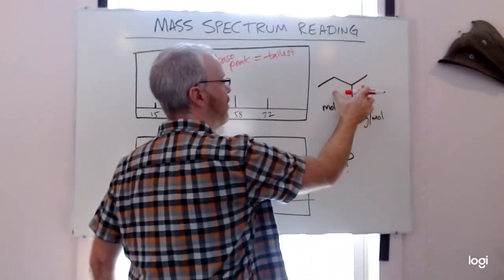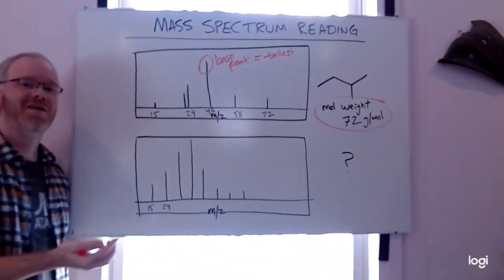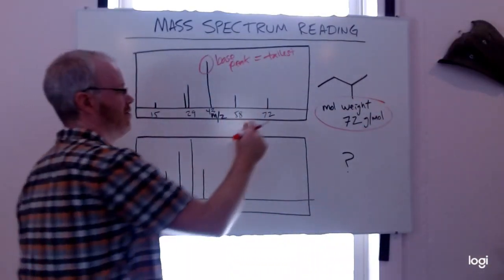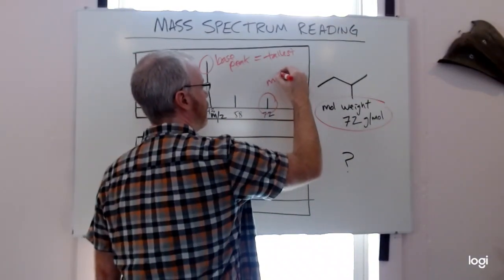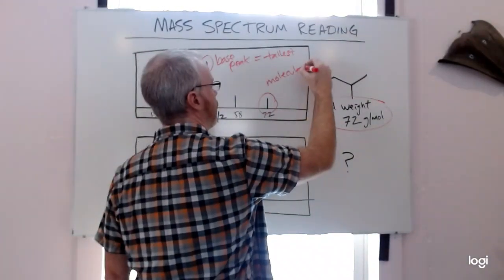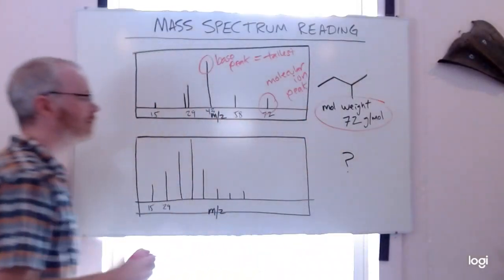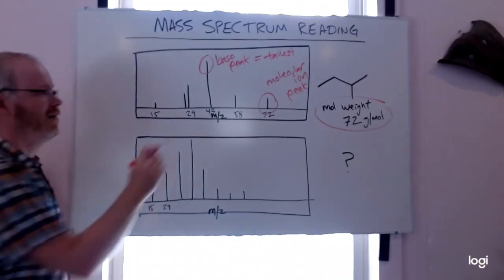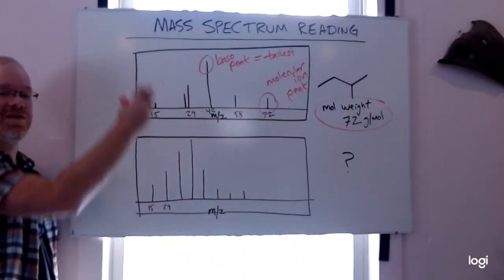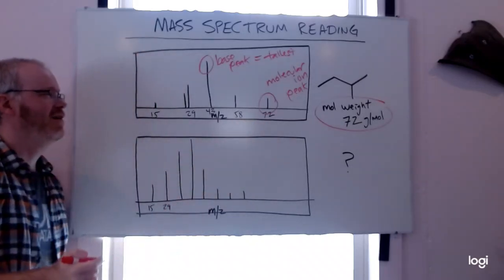So if we know what our molecule is, in this case its molecular mass is 72 grams per mole, then the molecular ion should have the same mass. And oftentimes the largest mass peak on the spectrum, not the tallest, but the heaviest peak, is your molecular ion.